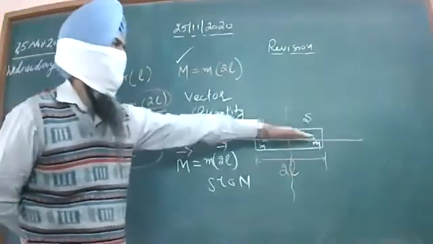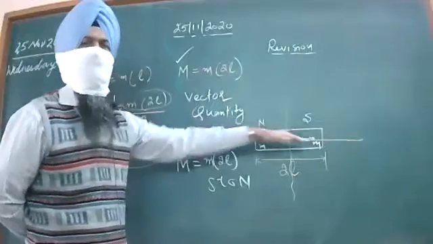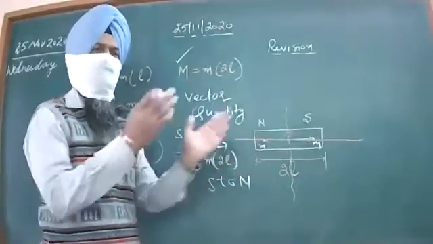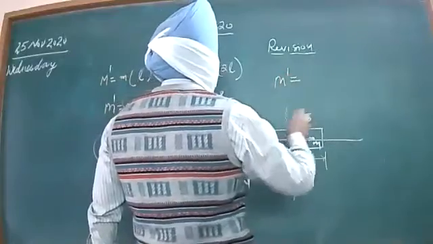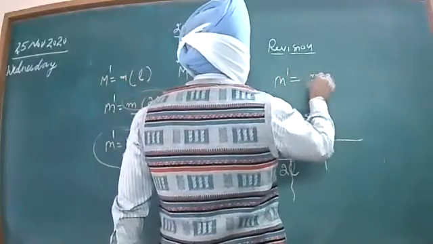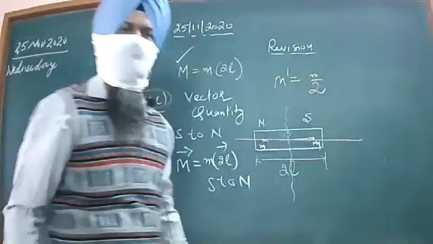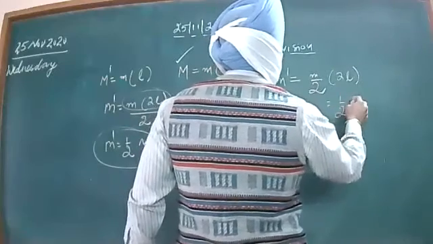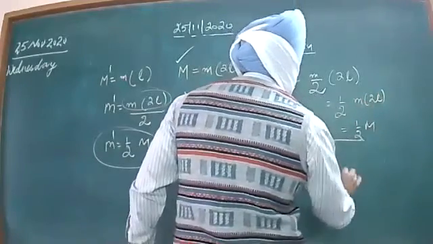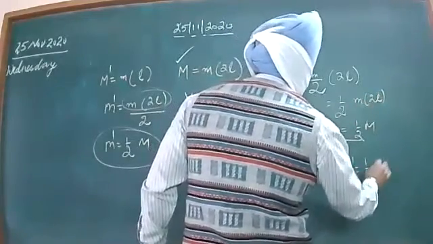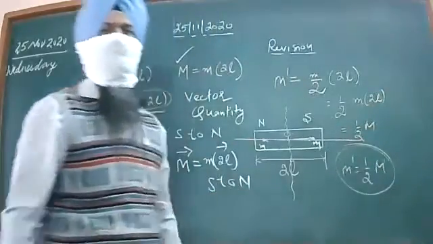If we cut it along this particular line, that is along the axis, making two pieces lengthwise, then the new magnetic dipole moment m dash will have a pole strength that becomes one half, because you are cutting it along the poles or the axis, and the magnetic length is not going to change at all. This is 1 by 2 m into 2l. This is 1 by 2 m. So m dash is one half of m once again.